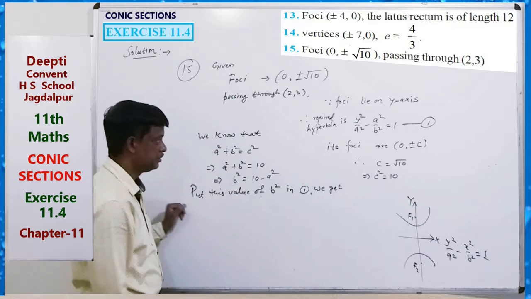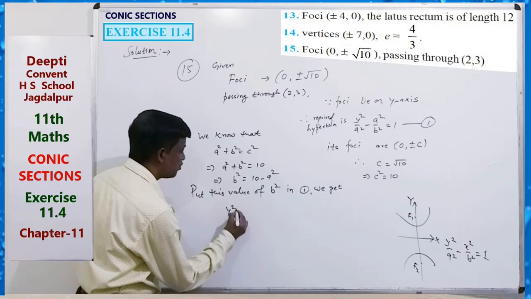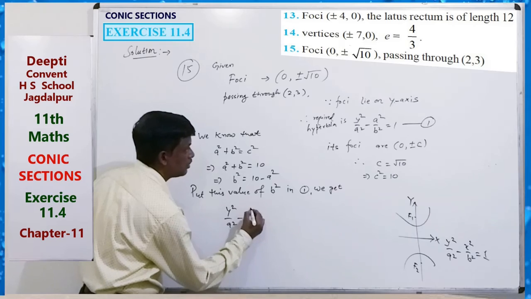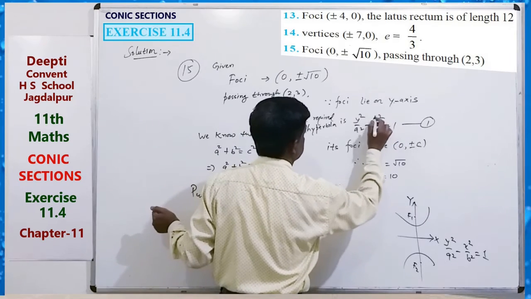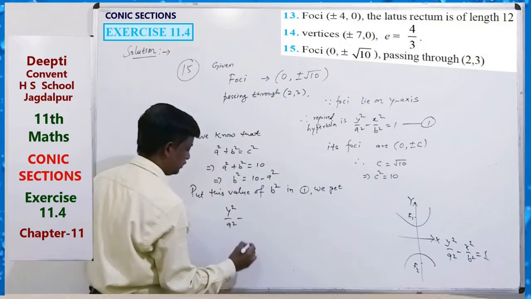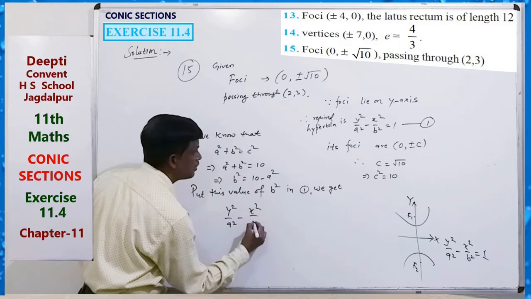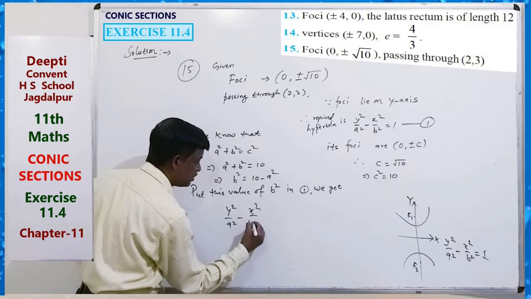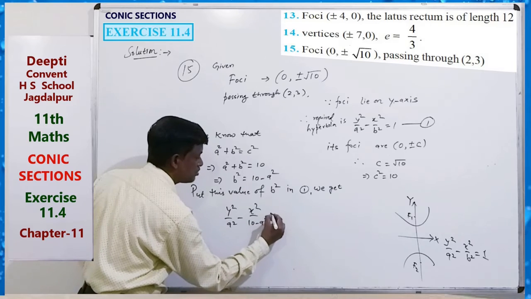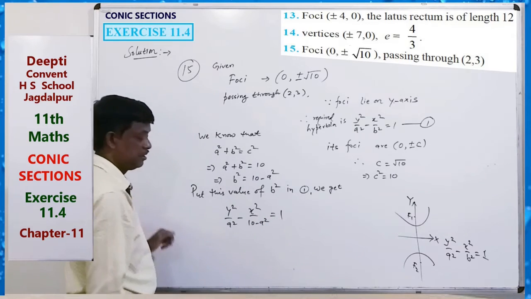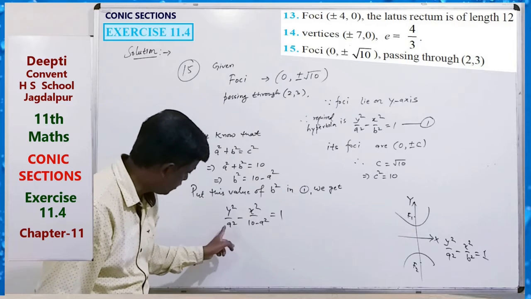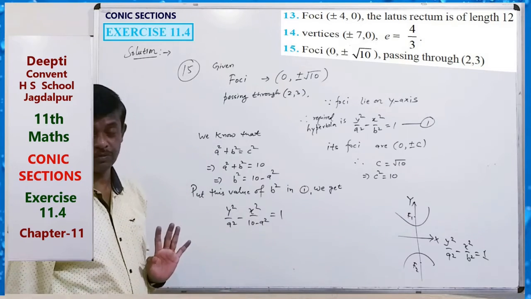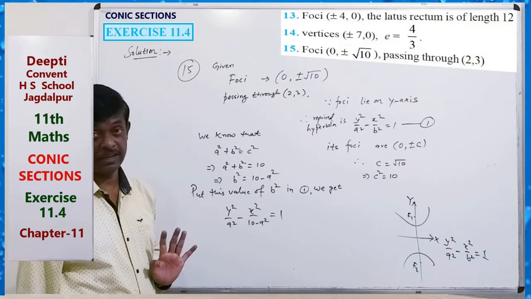We get y square upon a square minus x square by b square, where b square means 10 minus a square, equals 1. Now from here we have to find the value of a.